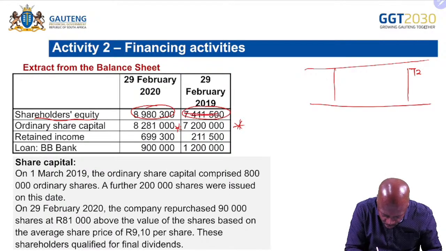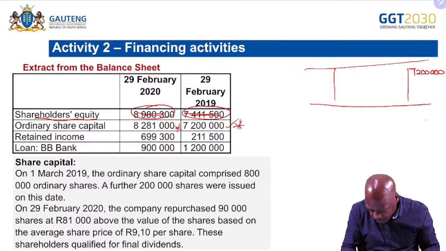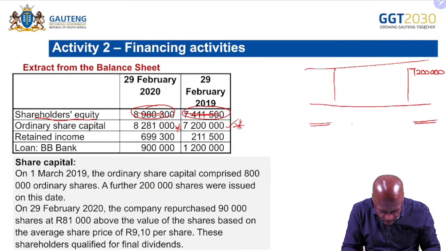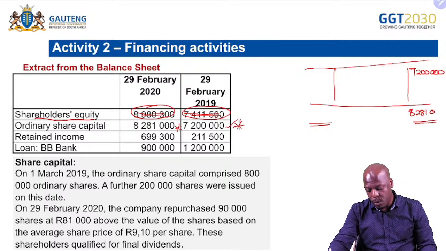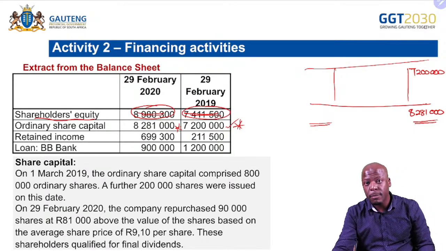Remember, I'm not using that. I'm using this one, 7,200,000. That is my balance at the beginning. But my balance at the end is 8,281,000. This is my balance at the end.